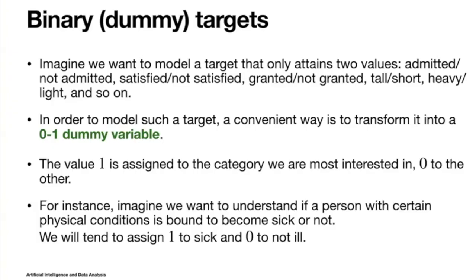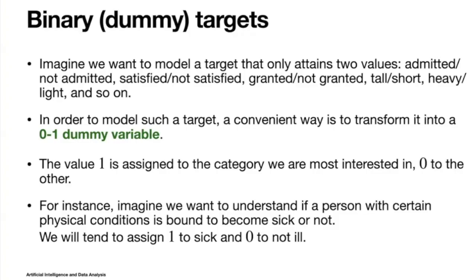So every time you have this dichotomic situation, and if I want to consider tall or short, obviously I can also consider the height of people as a numerical continuous quantity, but I can also set a threshold and say, if you are taller than this, you are tall, if you are below, you are short, and I can transform my continuous target into a binary one.